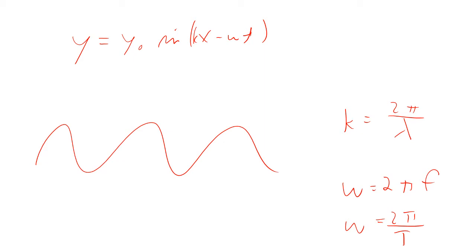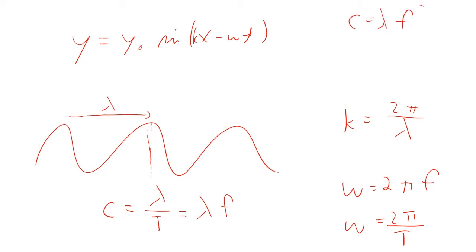In the time it takes this peak to go down and back up, that's the same as this moving over to there. So the speed is equal to the wavelength divided by the period, which is the same as wavelength times frequency. So c equals lambda f, a basic relationship for waves.